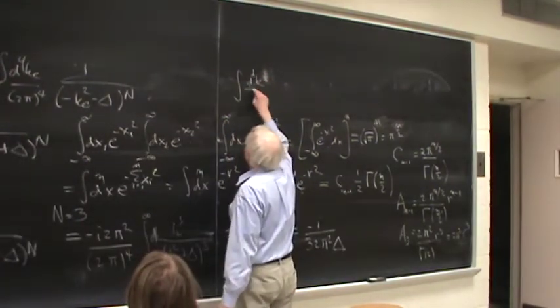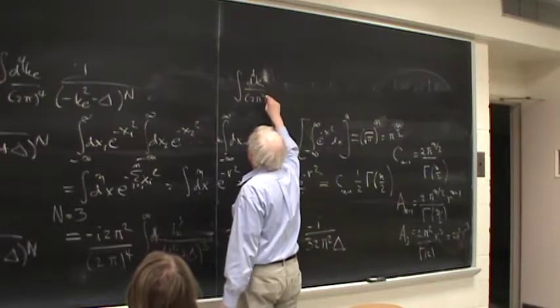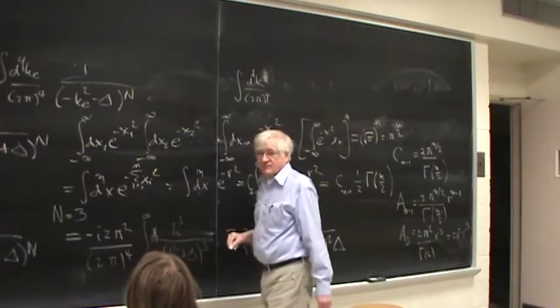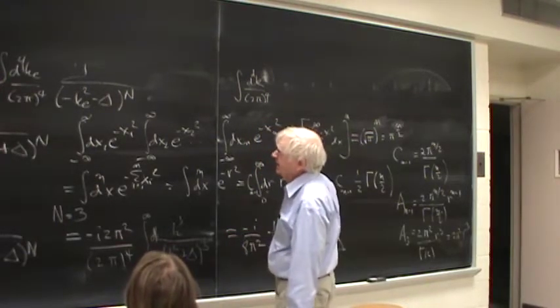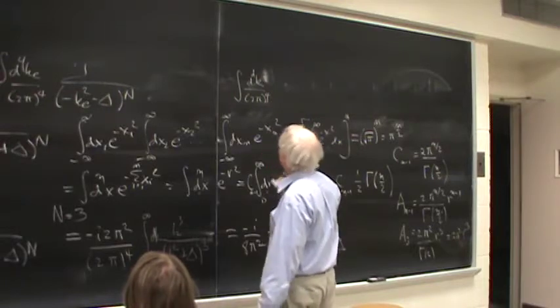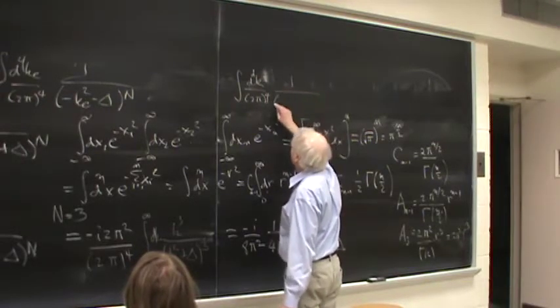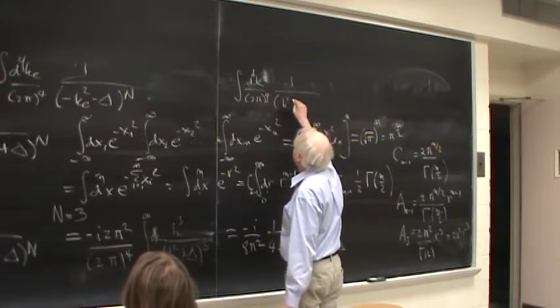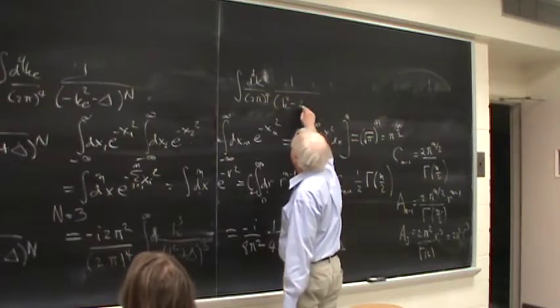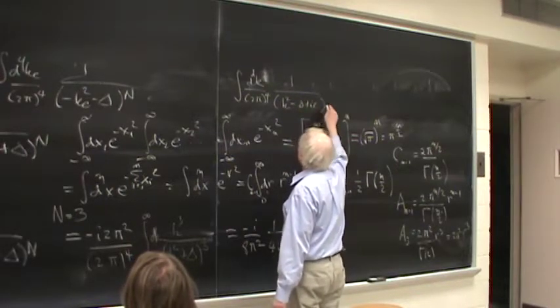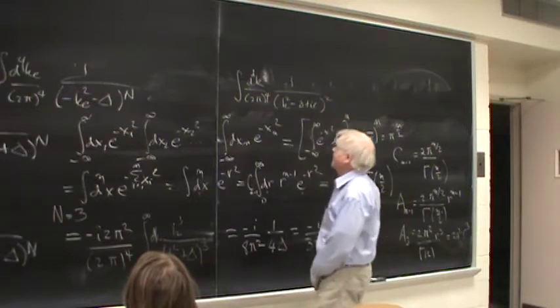But we imagine doing this integral in d dimensions. And so we have 1 over k squared minus delta plus i epsilon squared, say.